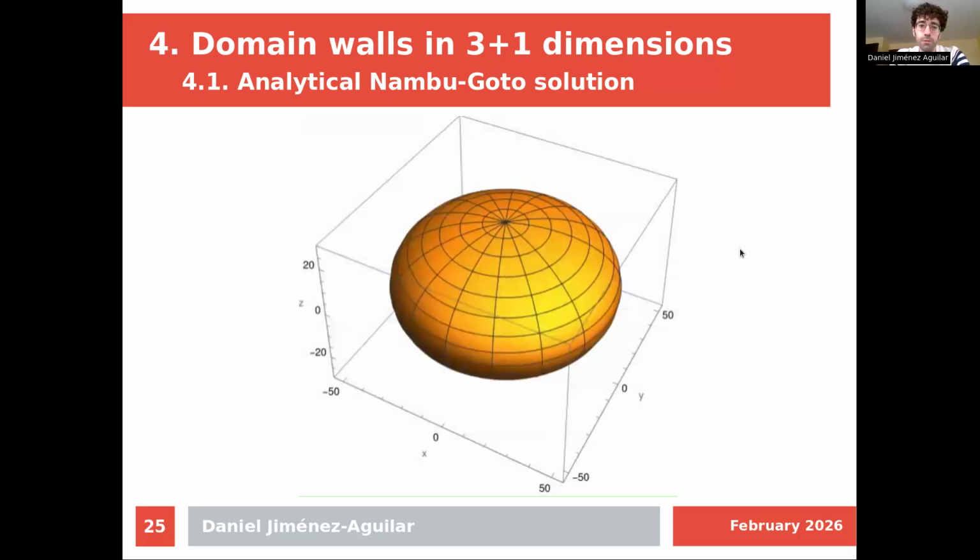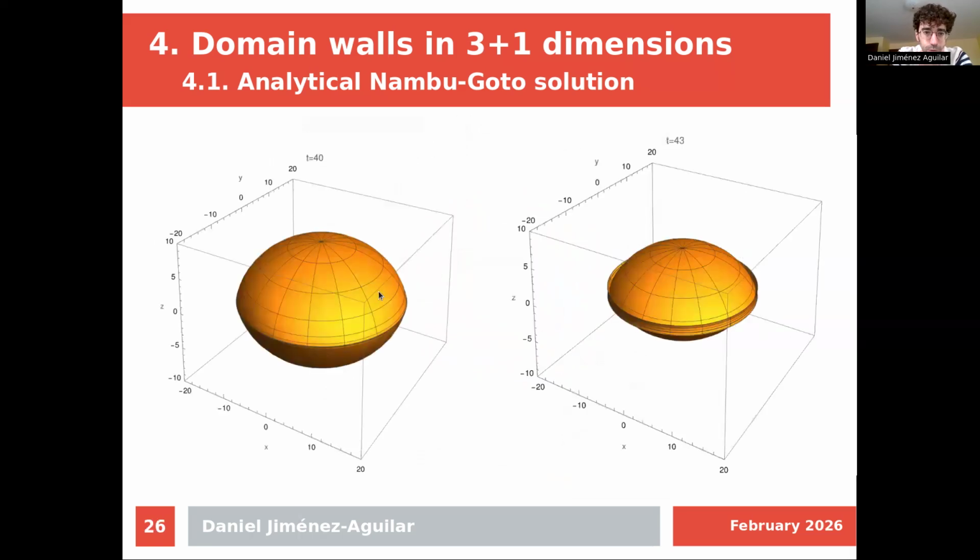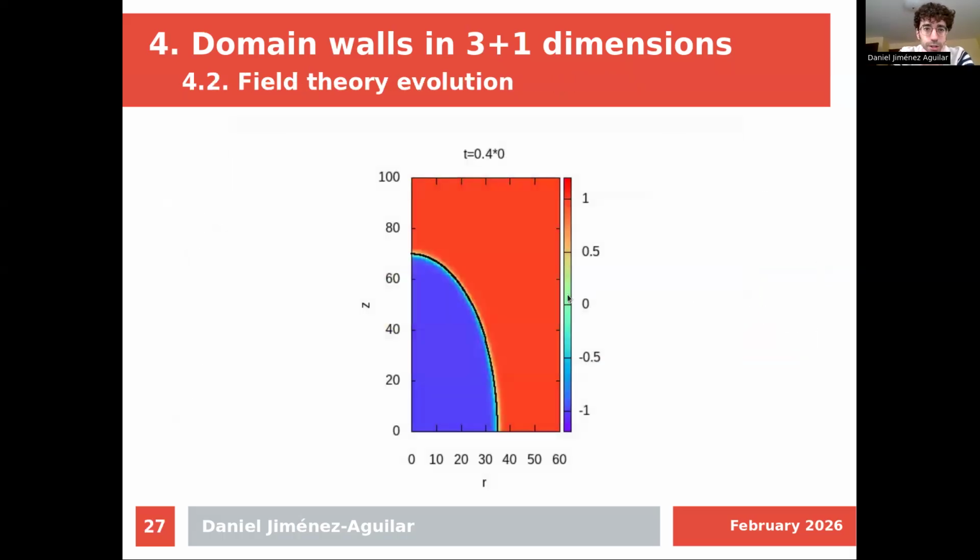Here's another example, in this case for a pancake-shaped domain wall. And in this case, we see that the swallowtail emerges along the equator. Finally, this is the field theory evolution.